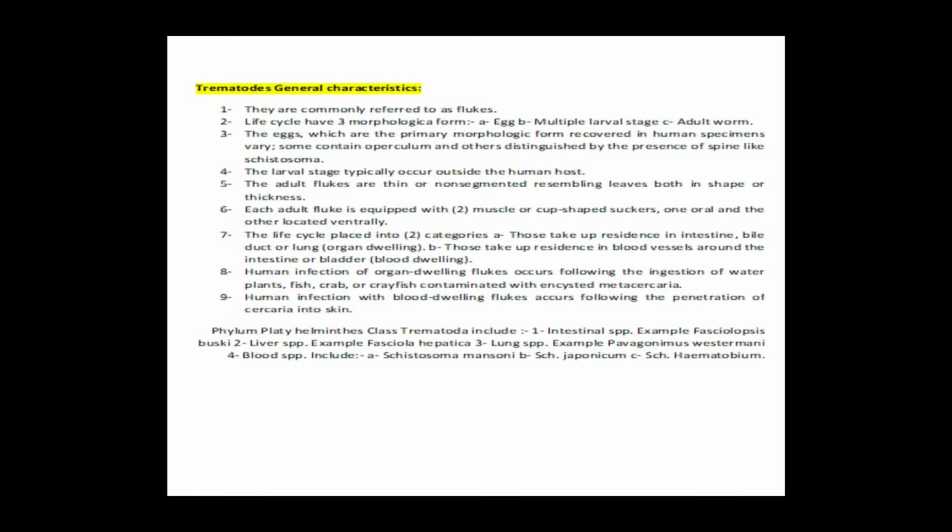The first are those that take up residence in the intestine, bile duct, or lung, which means organ-dwelling trematodes. The second category are those that take up residence in blood vessels around the intestine or bladder, which means blood-dwelling trematodes. This concerns the Schistosoma species.